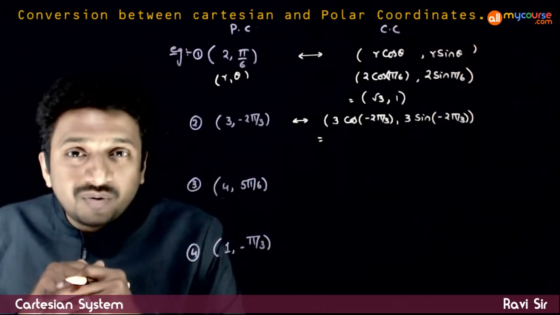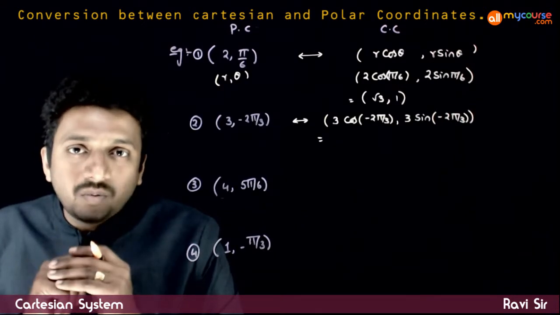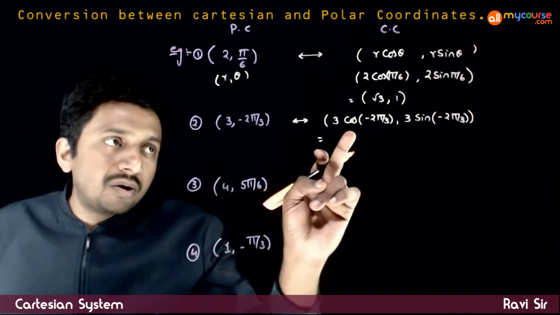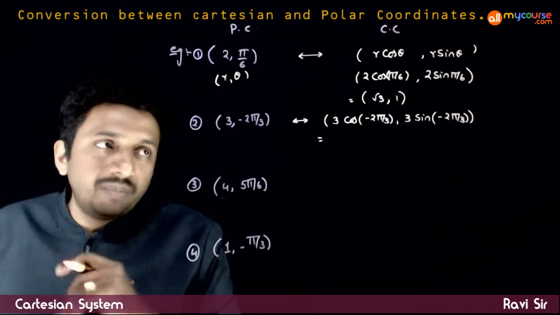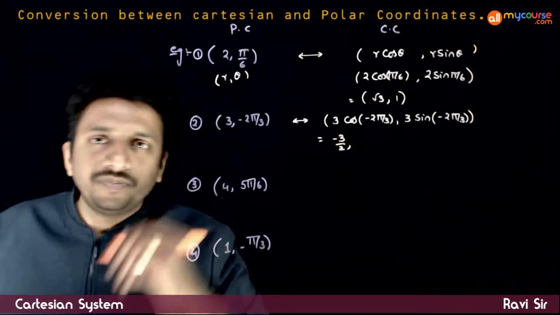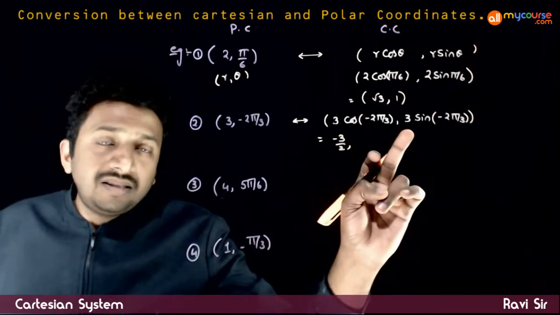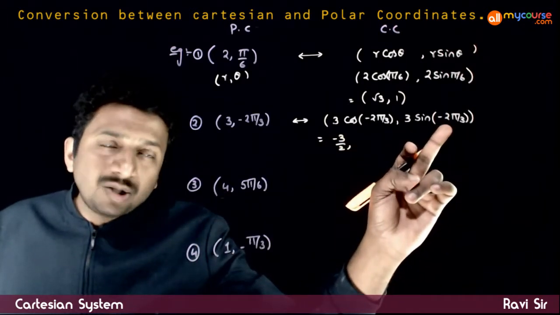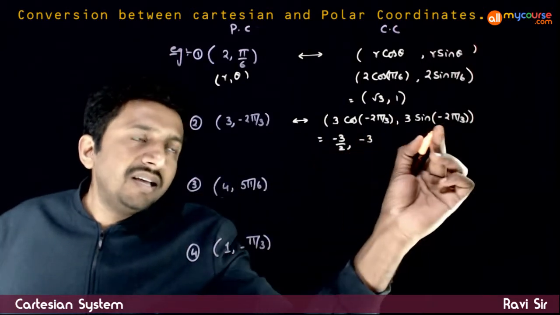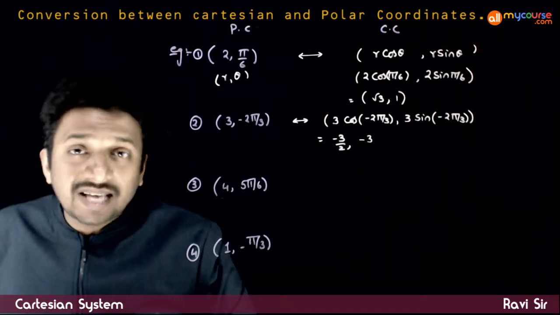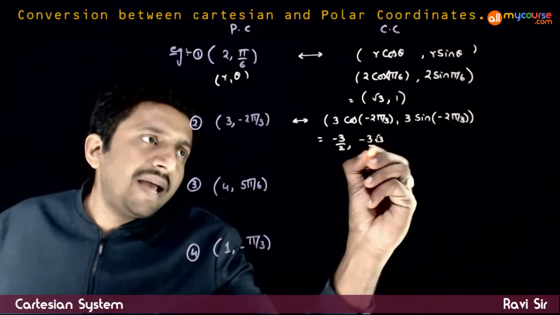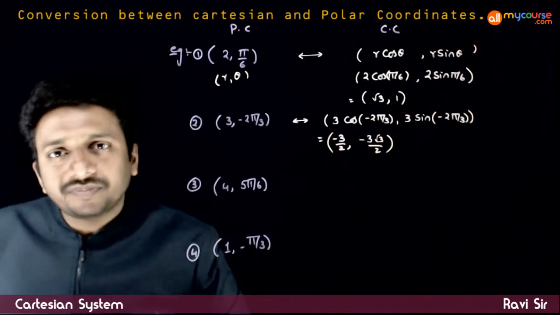We know that cos 120 is minus 1 by 2, since 120 lies in the second quadrant. So 3 times minus 1 by 2 is minus 3 by 2. And 3 times sine of minus 2 pi by 3 is minus 3 into sine 2 pi by 3. Sine 120 degrees is root 3 by 2. So minus 3 root 3 by 2.